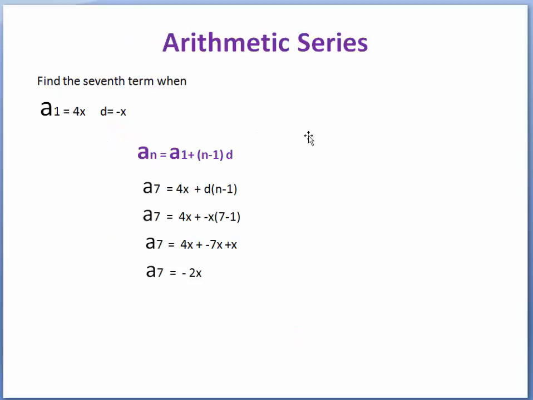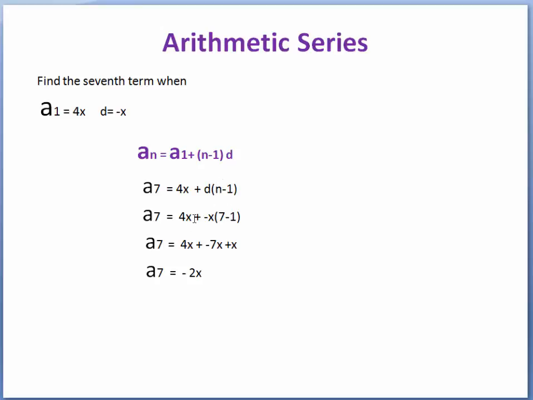Okay, common questions we can be asked. Find the seventh term when a sub 1, the first term, is 4x, and the common difference is minus x. Here's our formula. So the nth term is the first term plus n minus 1 multiplied by the common difference. When we plug in our values, a sub 7, the seventh term, equals 4x, the first term, plus the common difference, n minus 1.